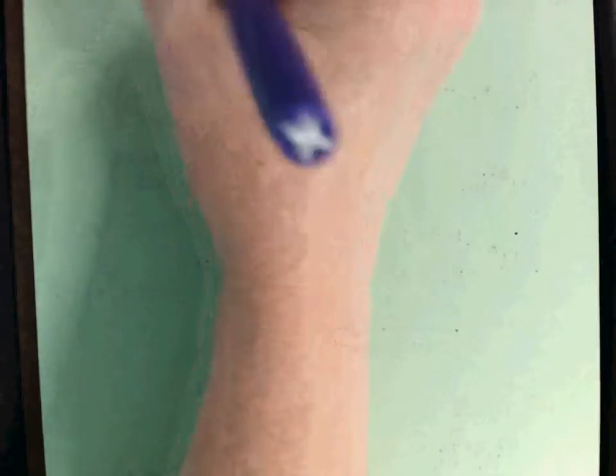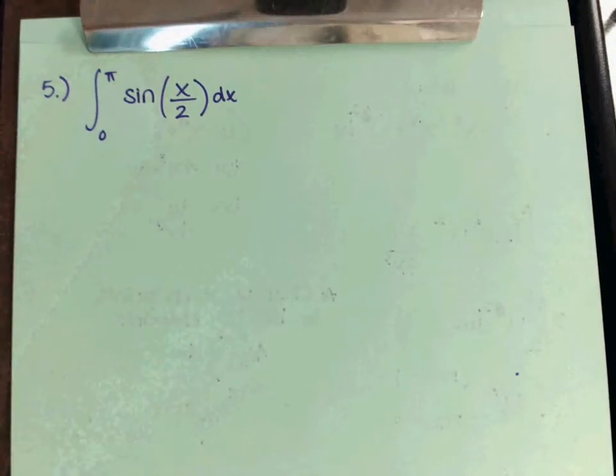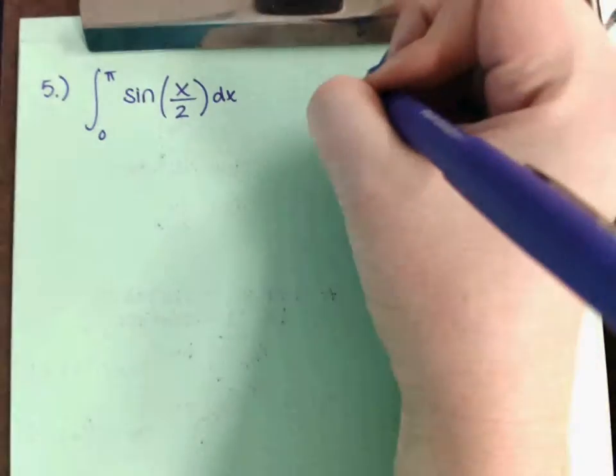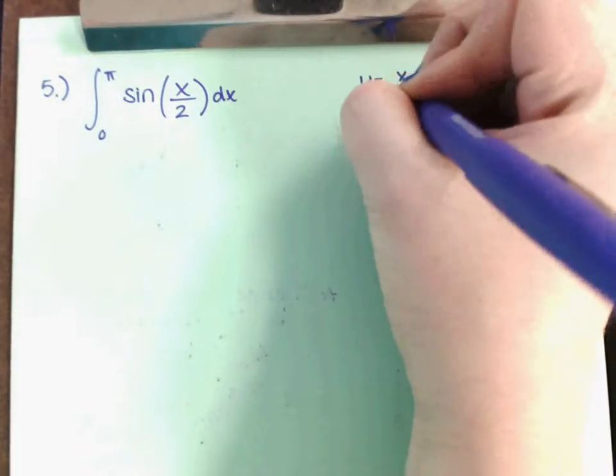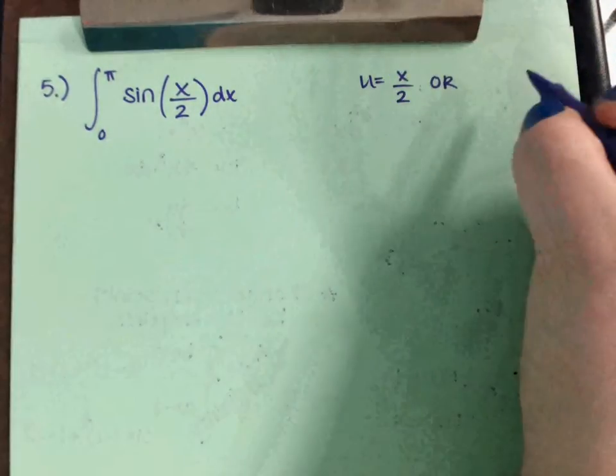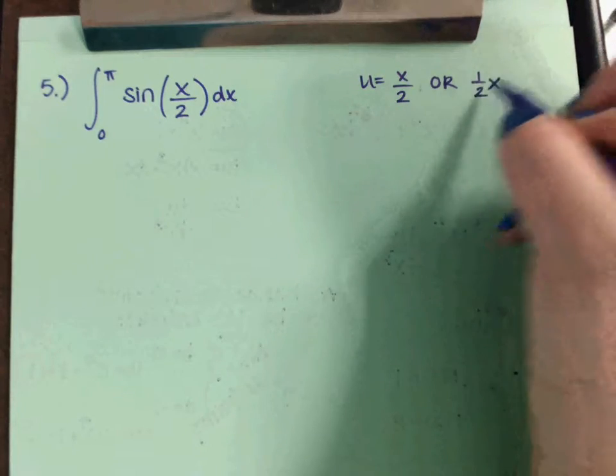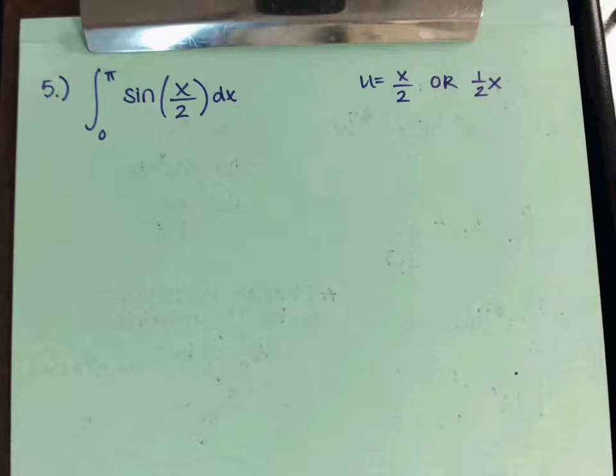Okay, number 5. Integral from 0 to pi of the sine of x over 2 dx. Okay, what do you guess you should pick as your u? Okay, how could I rewrite that? 1/2 x, right? Same thing.